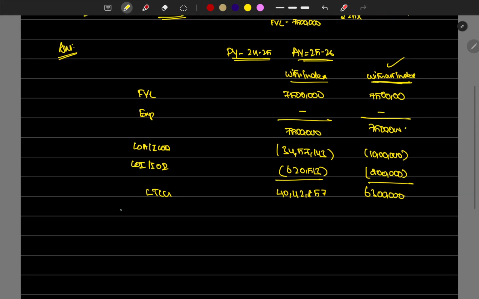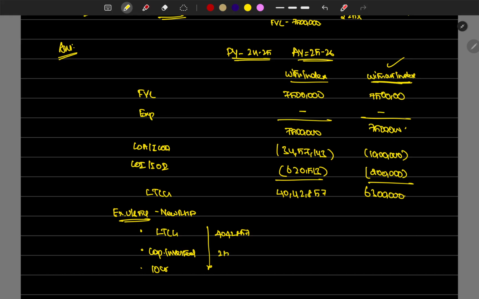Now we have to calculate the exemption under section 54. This is for the new RHP. What's the LTCG? What's the capital invested? Statutory limit is 10 crores, whichever is lower. LTCG is 40 lakh 42,857.